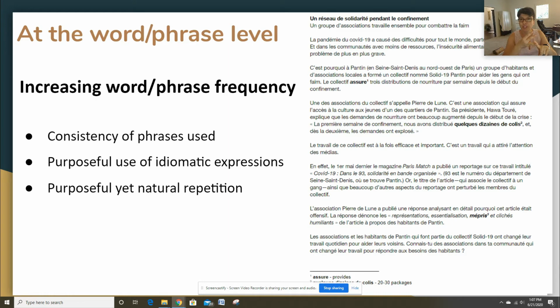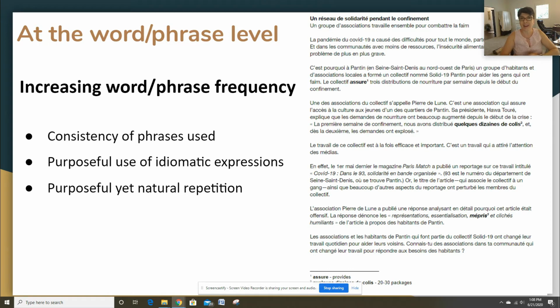And then at the word and phrase level, we have established that we have some work to do to increase the frequency of some key topics or phrases and to remove verbs and words that are not high frequency, and specifically not high frequency for this article, to try to increase the number of cognates, etc.